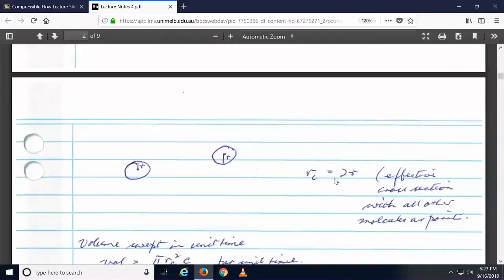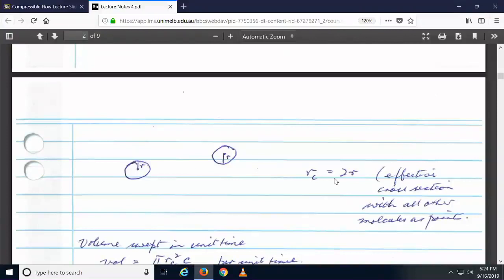So the first thing you do is that you imagine a molecule of some characteristic radius r, and now you suppose that there are all these molecules in space. But what I'm going to do is that if all of their characteristic dimensions are of order r, I am going to make a disk on one particle of radius 2r and leave all the other particles as points.